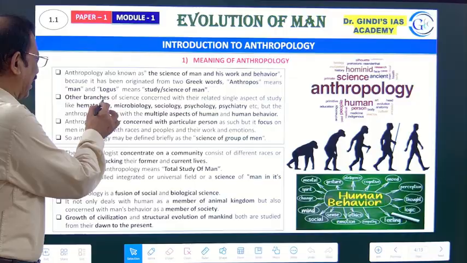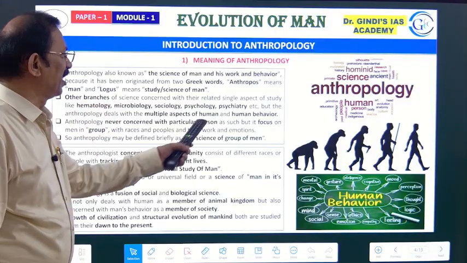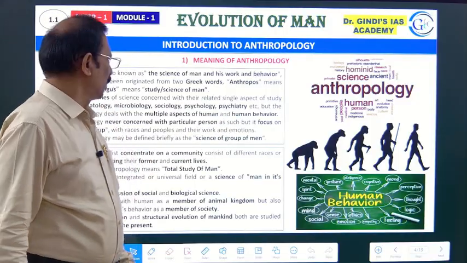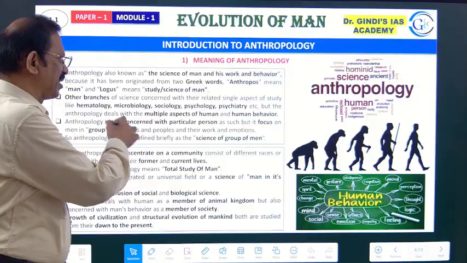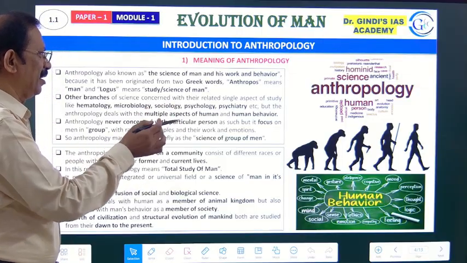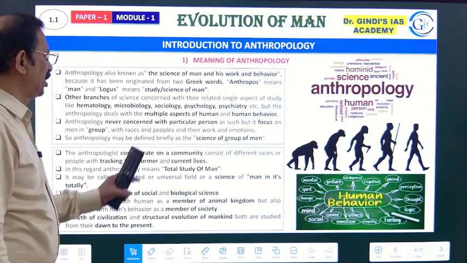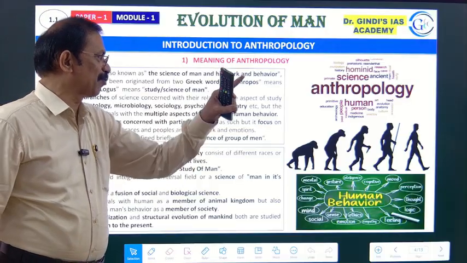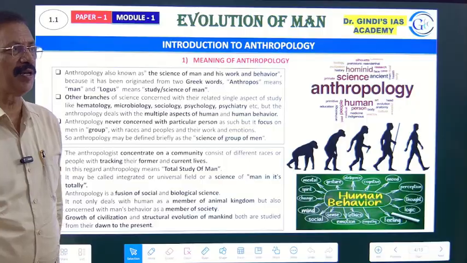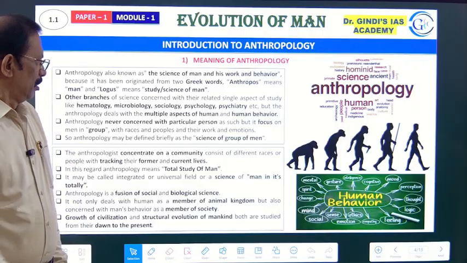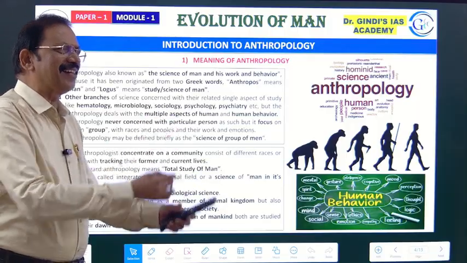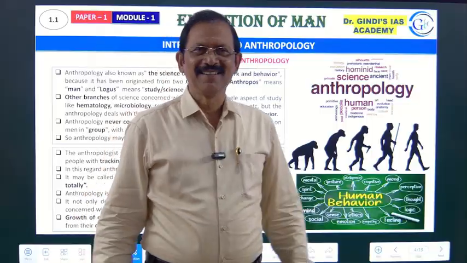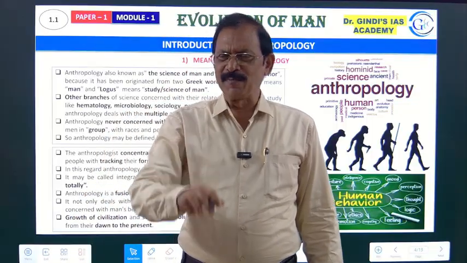Then other branches of science are concerned with a single related aspect of study. For example, hematology, microbiology, sociology, psychology, psychiatry, etc. But anthropology deals with multiple aspects of humans and human behavior. In these, only a single aspect we are studying.